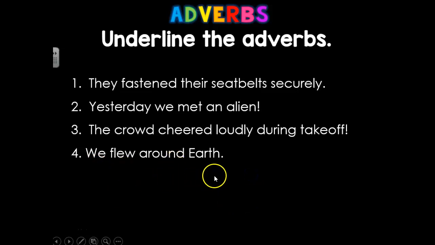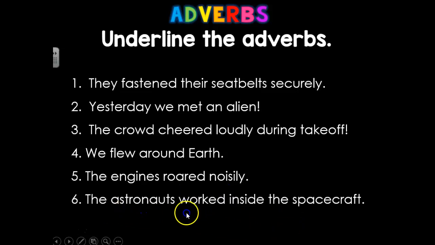We flew around Earth. What is the verb? Flew. Where did they fly? Around. The engines roared noisily. What is the verb? Roared. How did they roar? Noisily. The astronauts worked inside the spacecraft.